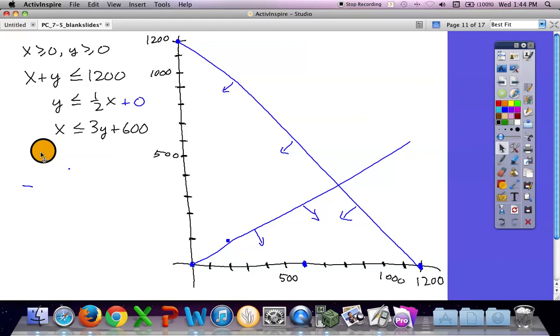I mean, something like, let's see, if I plugged in 900 for x, let's say I make this a 900. Then I get 300 equals 3y. Got to let this catch up.